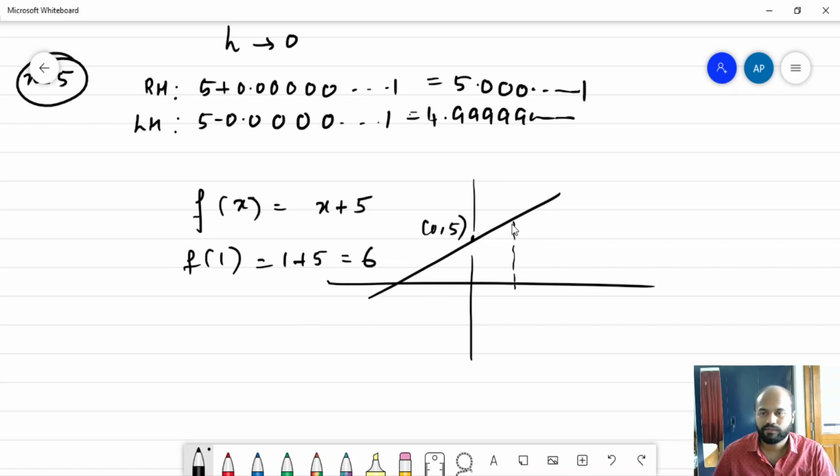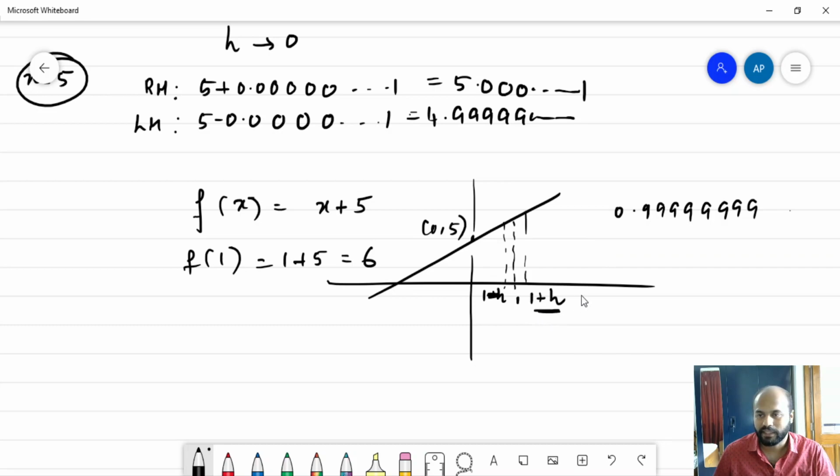But now, for some reason, we will choose a point which is very close. On the left hand side, we are going to choose 1 minus h, and on the right hand side, I am going to choose 1 plus h. So 1 minus h is somewhere going to be 0.99999, very close.